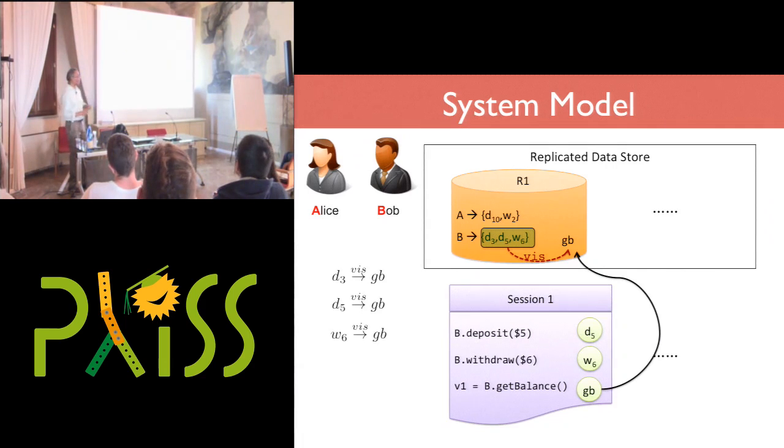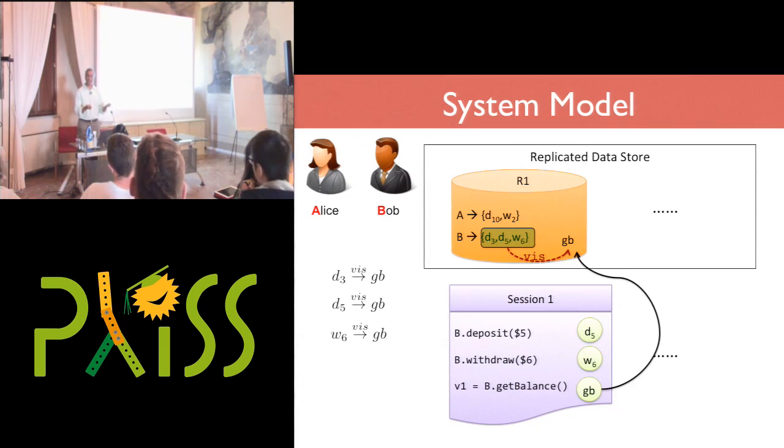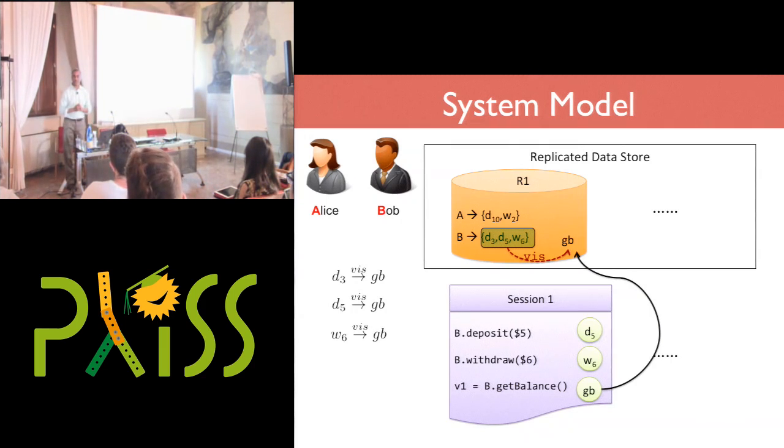We express the notion that a particular operation sees another operation as a relation that we will call viz, for visibility. So we say that the get balance operation witnesses, or has visible to it, the effects D3, D5, W6, and we get to write that as well.